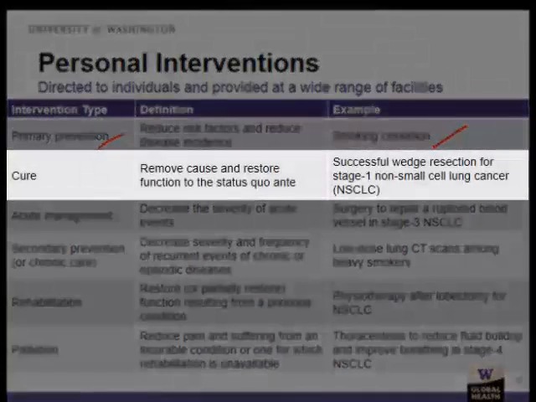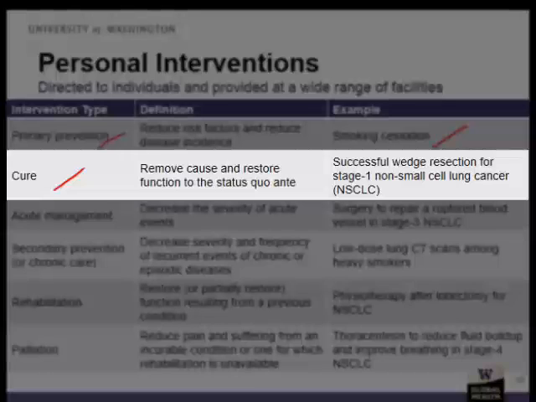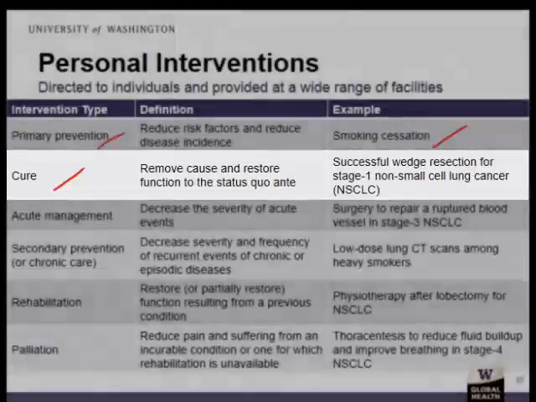And you have cure, which means someone is already sick, and the intervention is designed to restore their former status. So for example, you might diagnose lung cancer early, and the intervention would be to do a wedge resection to remove the tumor when it's still small, and the person would be cured.